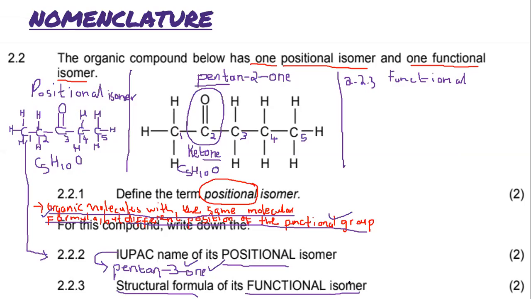So you quickly need to revert back and ask yourself, what is a functional isomer firstly? Because you can't draw a functional isomer if you don't know what it is or define it altogether. Now, by definition, functional isomers are organic molecules with the same molecular formula, but different functional groups.